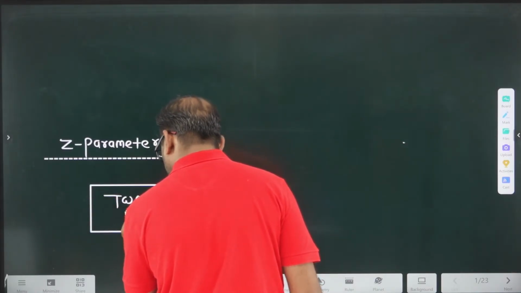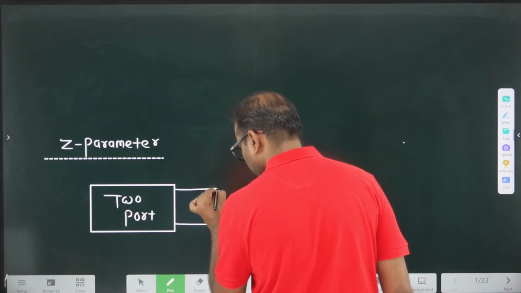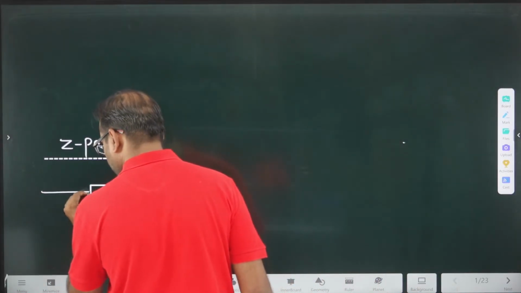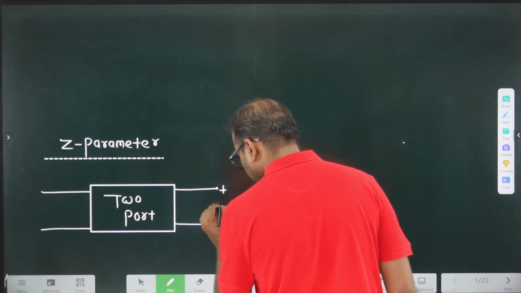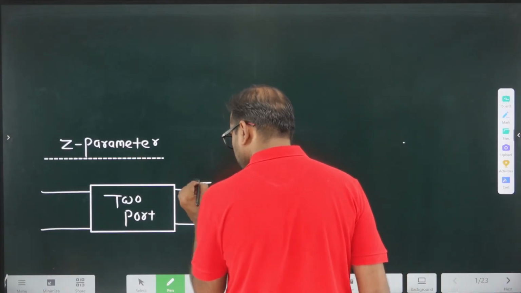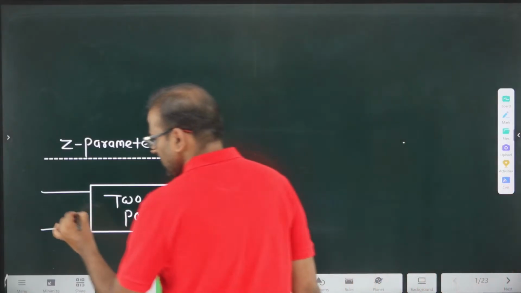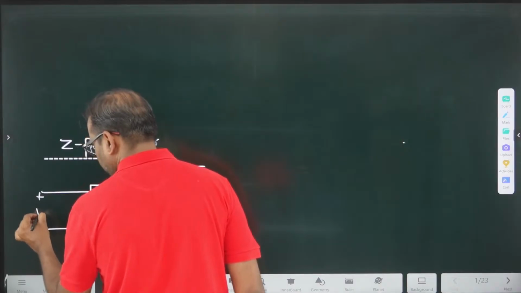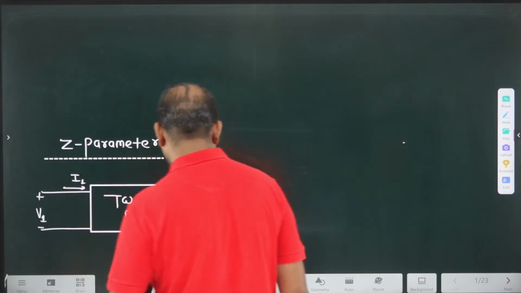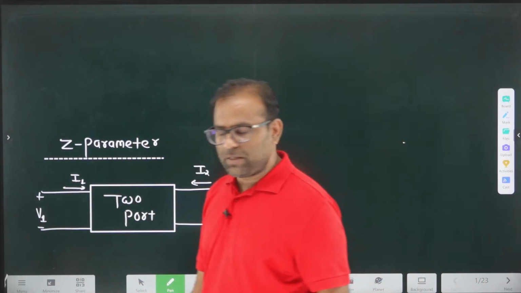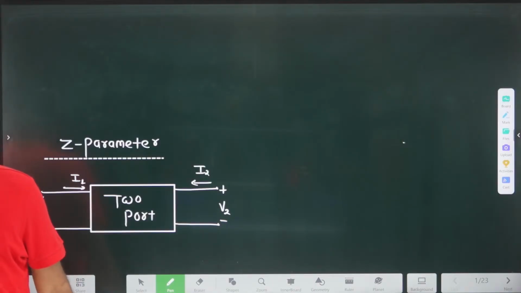If this is one two-port network, we are calling these voltages V1 and V2, and the current I2 is also going inside the network. This potential is V1 and this current is I1. One port is the input port and the other port is the output port.